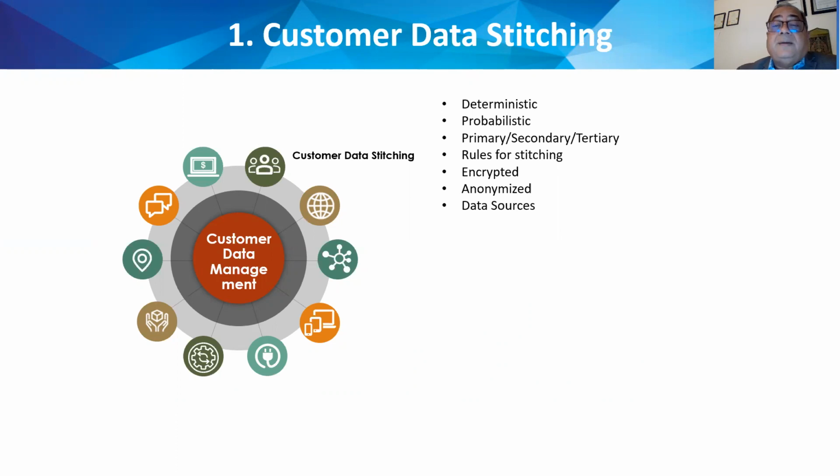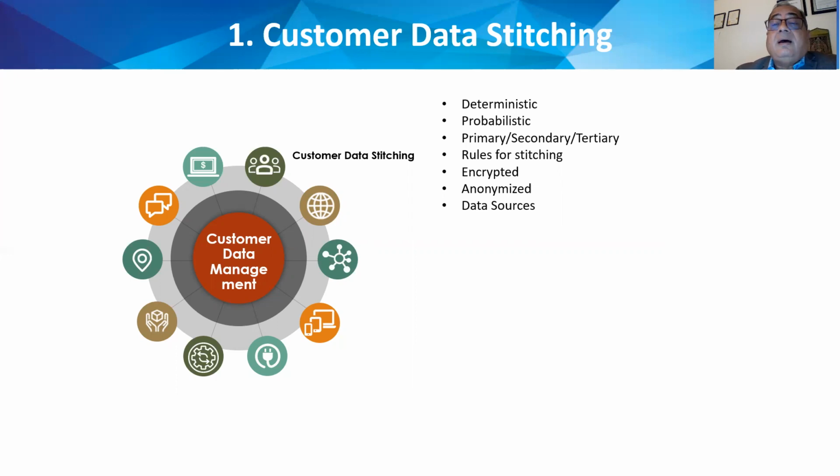Just keep an eye on how much customer data we would ignore if we used only deterministic stitching. We need to figure out a way to include all customer data so that we can stitch it. That's why the primary, secondary, and tertiary data stitching, as well as rules for customer data stitching, are very important.